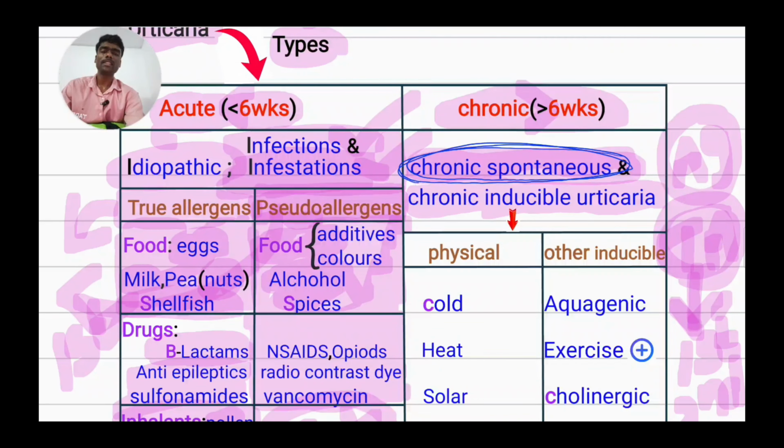It may be due to autoimmunity or it may be idiopathic. We never know the cause, but we should always write it as chronic spontaneous urticaria. We can write subtypes like autoimmune chronic spontaneous urticaria or idiopathic chronic spontaneous urticaria.